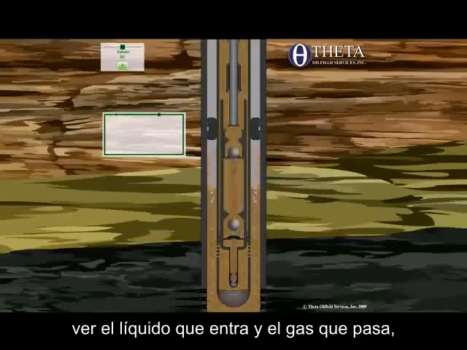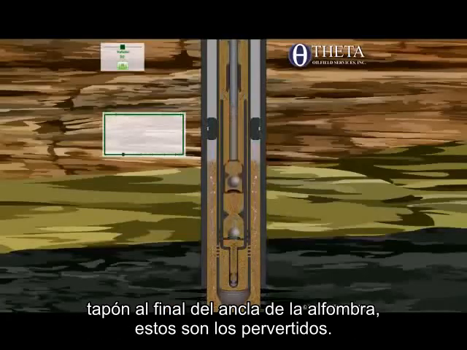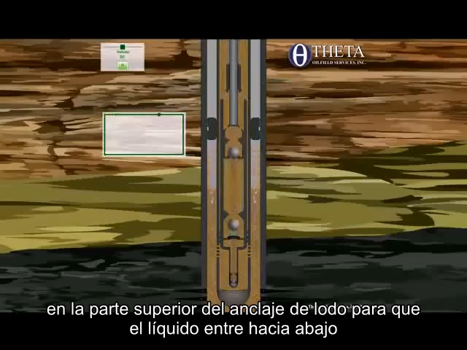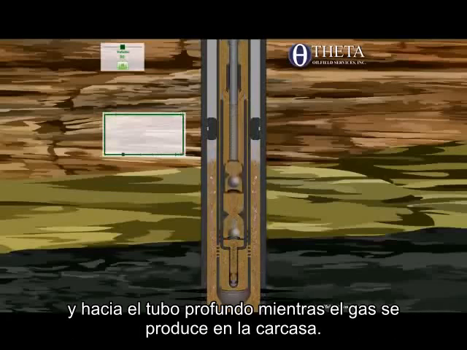See the fluid going in and the gas going by? So this is your mud anchor. This is the bull plug at the end of the mud anchor. There are the perfs at the top of the mud anchor. So the liquid goes in, down, and into the dip tube while the gas is produced up the casing.